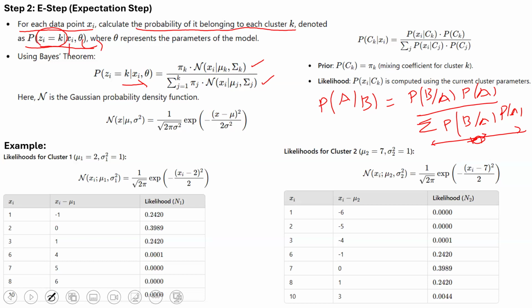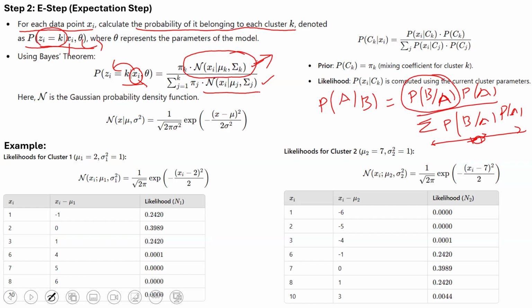Here, the probability of this particular point belonging to this particular cluster k is given by the normal distribution, the Gaussian probability density function, which gives the probability of a point belonging to a particular cluster, divided by the normal distribution of every other cluster.